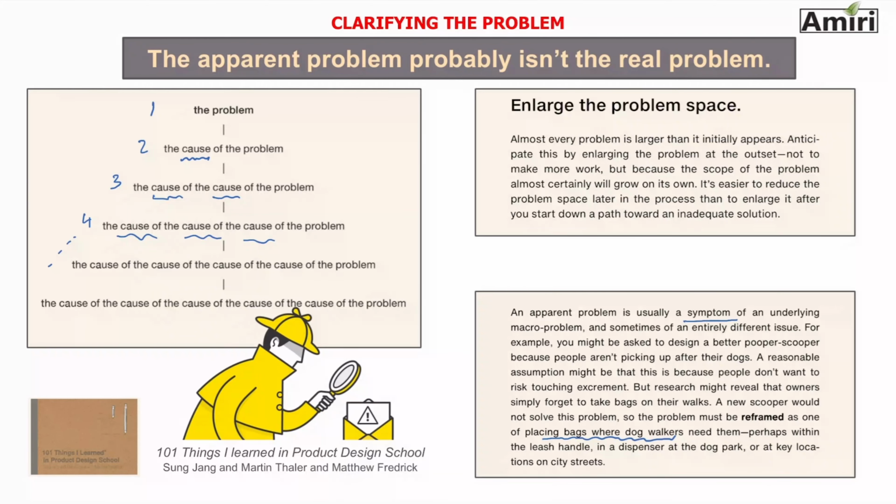So now your product and your solution is totally changed. You are now designing maybe a leash that can incorporate the scoop or have some bags in it. So it's important to look at the cause of the problem. We'll get back to this a little later in this course, and also address it when we are developing a product and a solution as the term project.